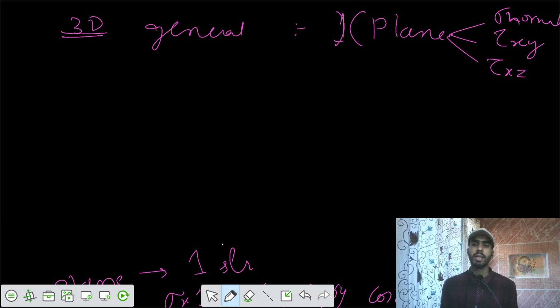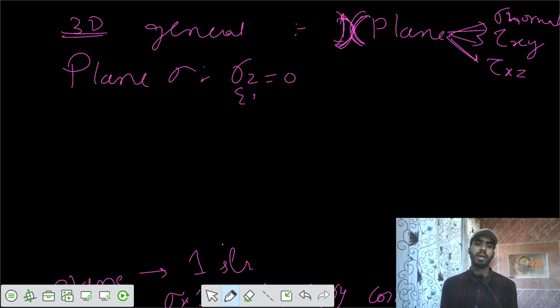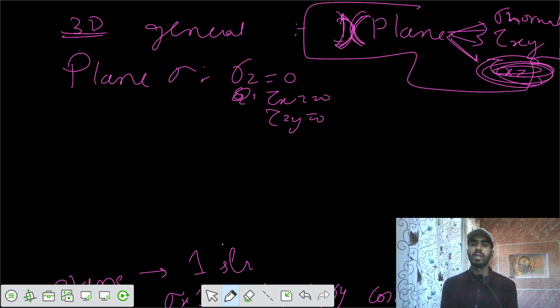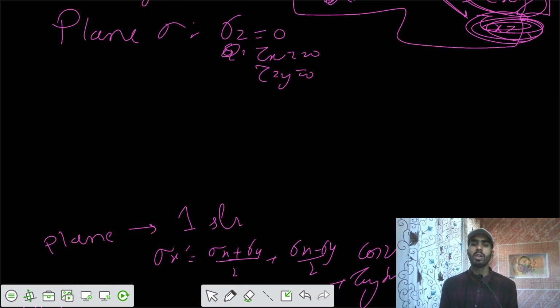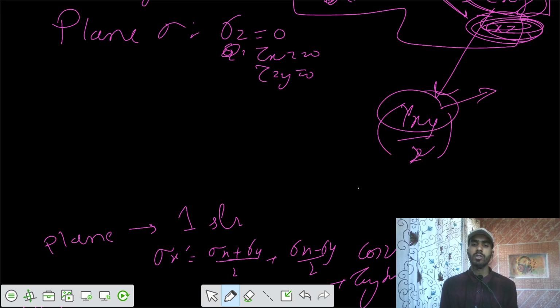But if we talk about plane stress condition, we take sigma z to be 0, tau xz to be 0 and tau zy to be 0. That means this part we don't care about. So in the plane stress condition, your particular plane represents only one shear stress component. That one shear stress contributes 1 by 2 of gamma xy, and this gamma xy is contributed by two shear stresses on two different planes.